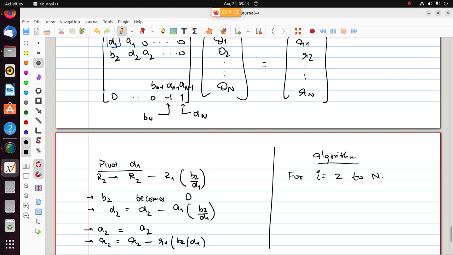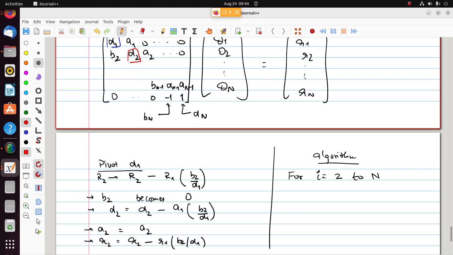So I goes from 2 to n, because remember that we are modifying. So this was step number 1 where we modified row number 2. In the next step, we will start with the new pivot, which is D2, a modified D2 now, but still D2. And that also tells us why we were storing all the D values, even though they are all the same, because they will start getting modified very soon.